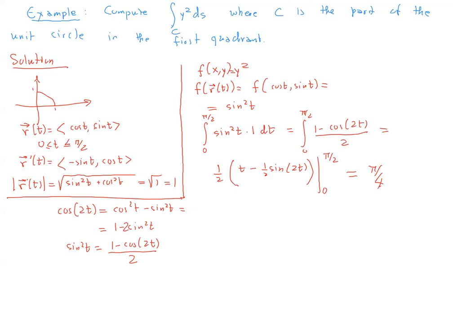Now, one may ask, what's the significance of the scalar line integral? And I simply think that a simple interpretation that we can give, which is true with most integrals, is the interpretation of the integral as an average.